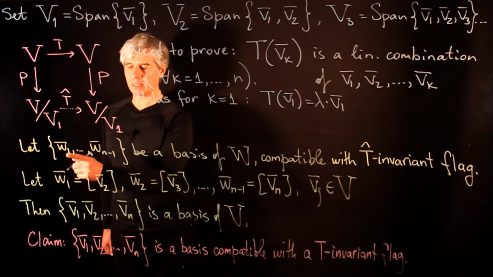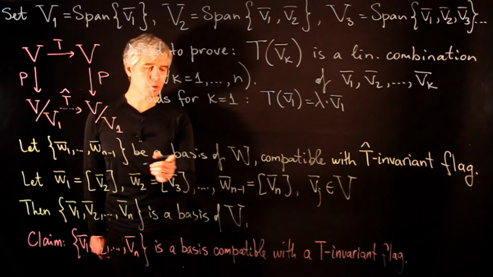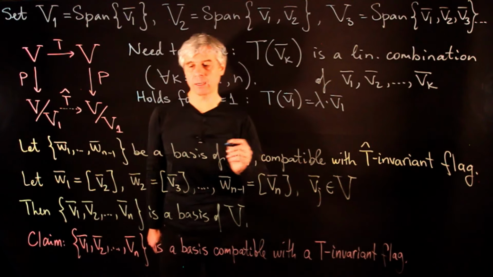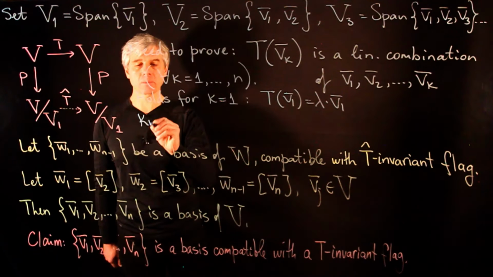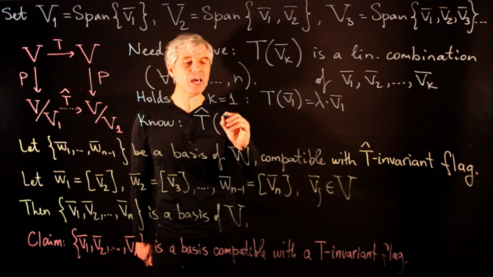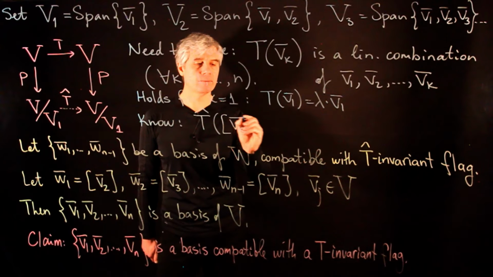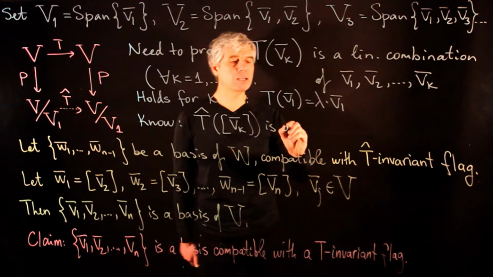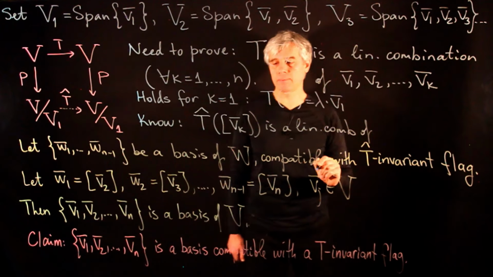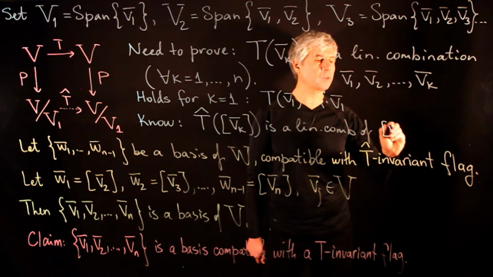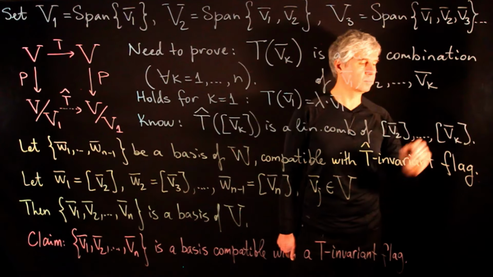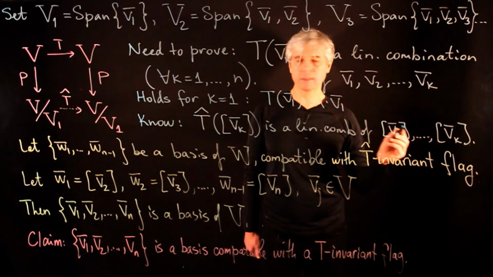What we know is that little w vectors form a basis of the quotient space compatible with the T hat invariant flag. So this means that we know that T hat of the class of Vk is a linear combination of equivalence classes of V2 through Vk, because these are our little w vectors, right?